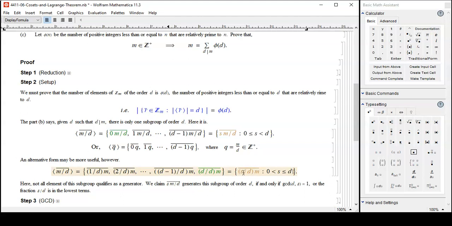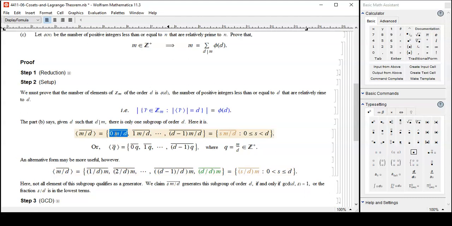So if this is in lowest terms, in other words, the GCD, the greatest common divisor of d and s, is 1, if they are relatively prime, then that fraction will generate all of these, but otherwise it won't. In an extreme case, if you start from 0, you don't get anything. It generates only 0, just the identity.